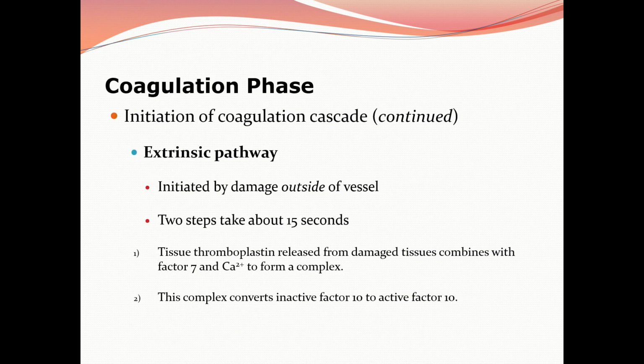The extrinsic pathway is initiated by damage outside of the vessel, and it has 2 steps that only take about 15 seconds. And again, an inactive factor will be converted to an active factor, and calcium will be involved.